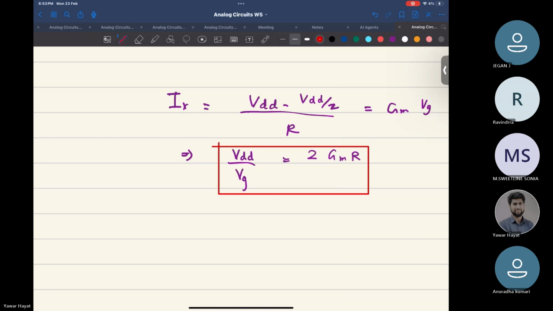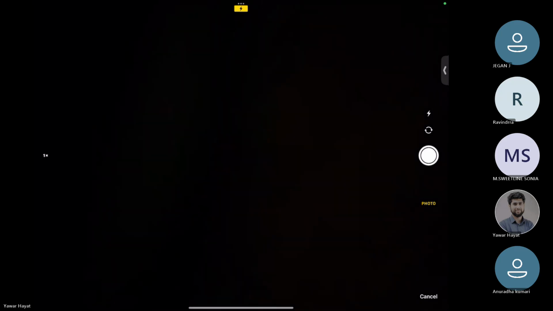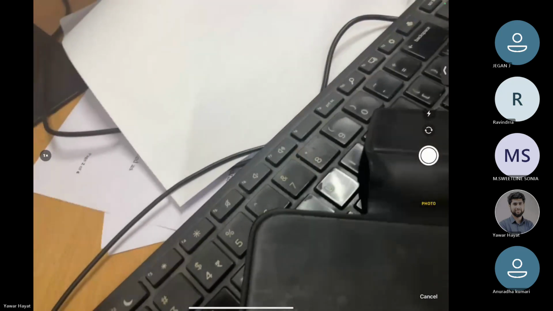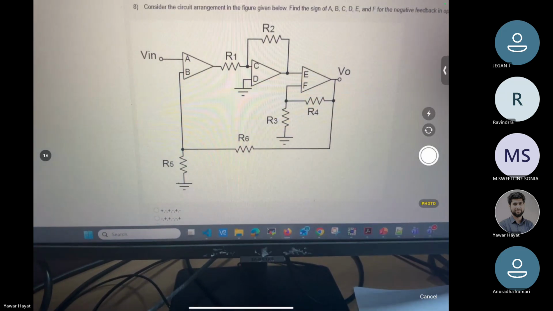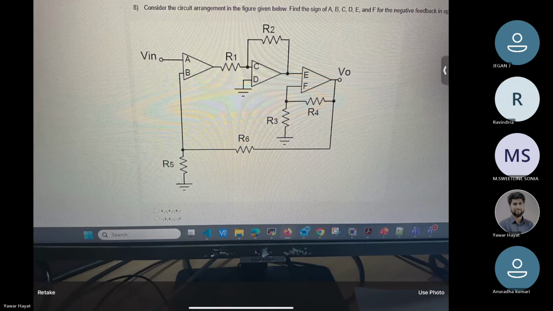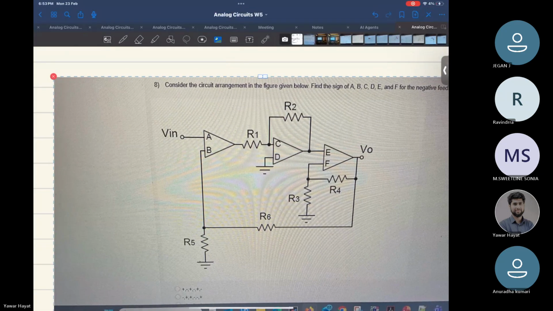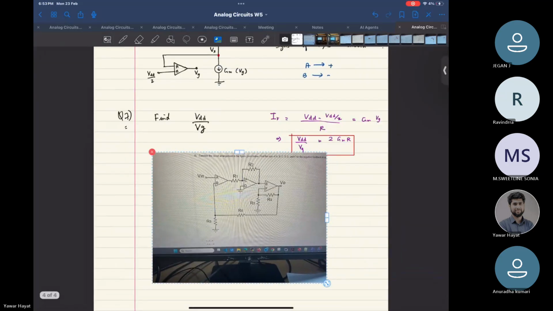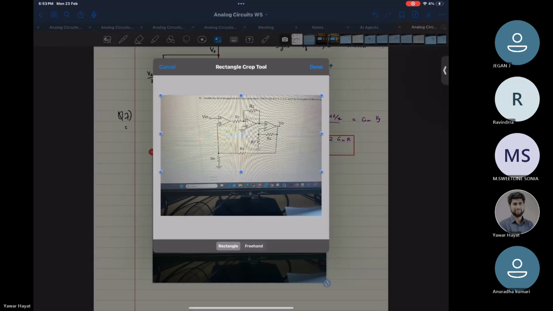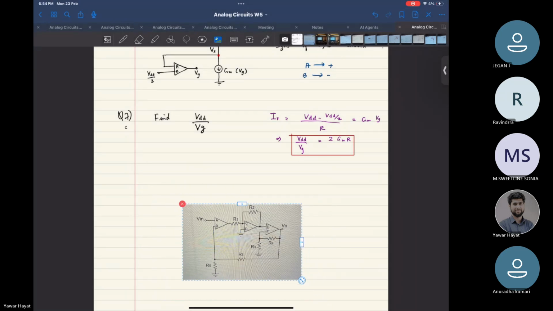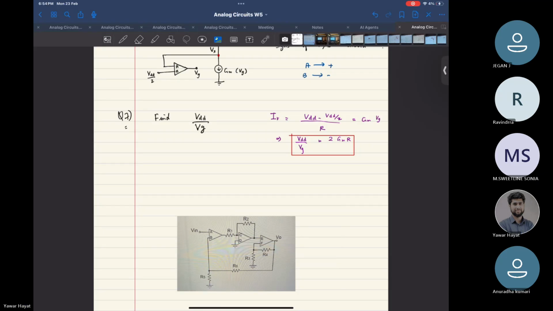Question number 8. So this is what would be the circuit for this question 8.